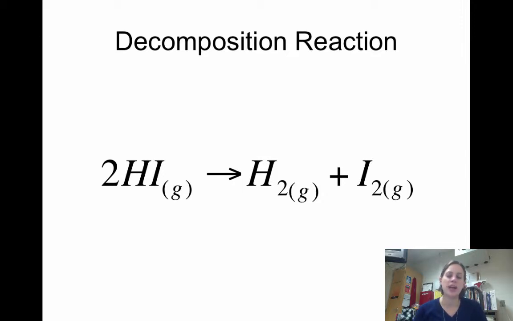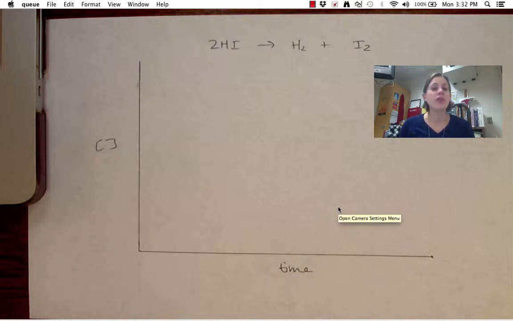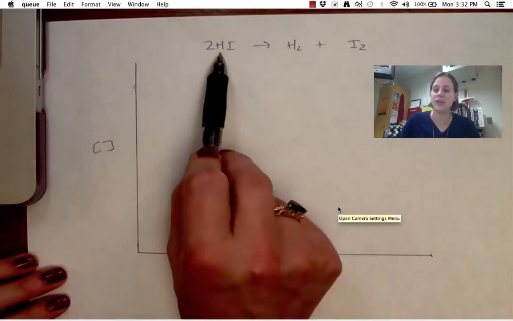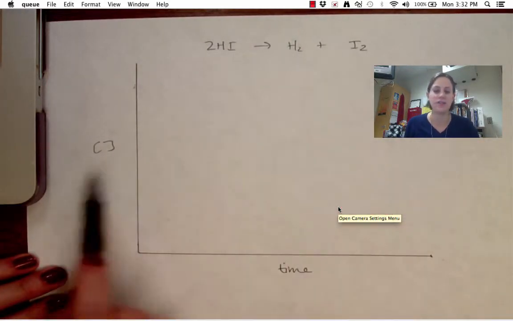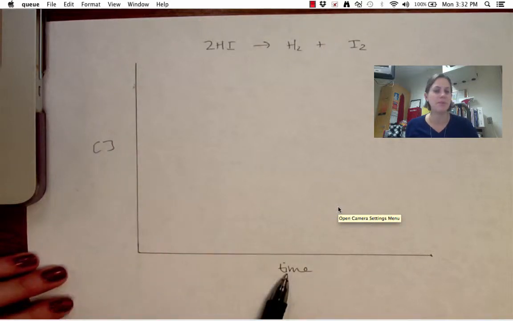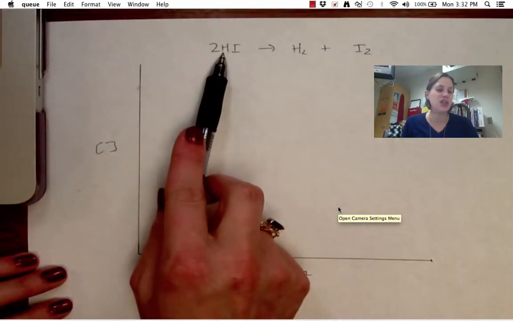Two hydrogen iodide molecules are decomposing into one hydrogen molecule and one iodine molecule. Let's take a look at what a graph of this reaction might look like if I were to graph concentration versus time. So I'll put HI on the graph first.